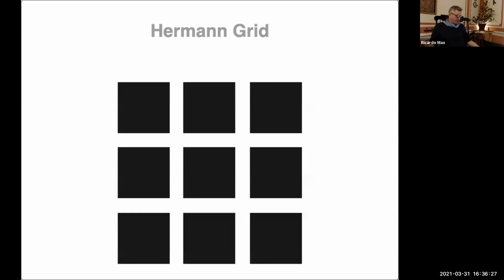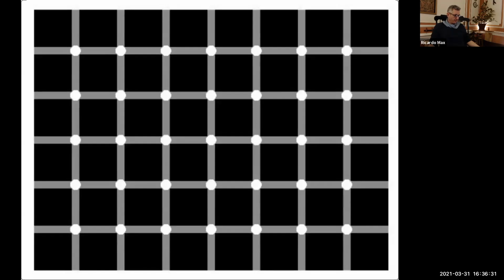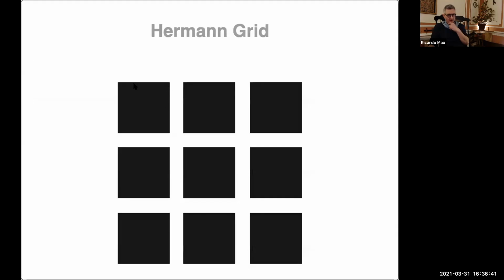The Hermann Grid, which is the first thing that I showed here. I put it here, it's not exactly the Hermann Grid, the illusion is stronger. The Hermann Grid has only adjacent dark squares. Whenever you look at one of the crossings, don't move your eye.